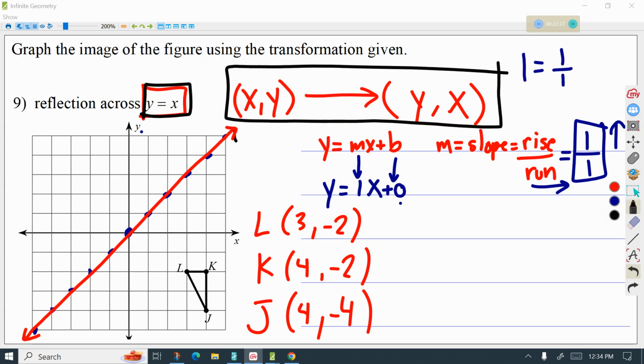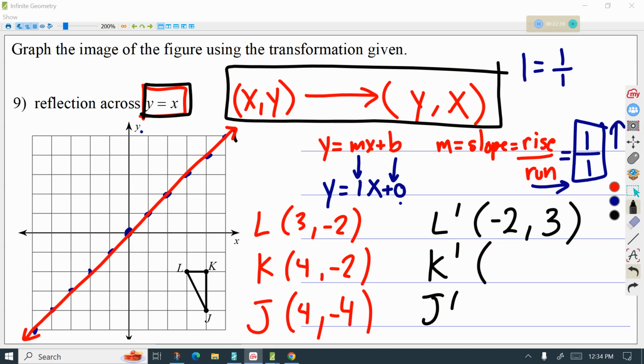This says all I do is change the order of my x and y. We don't have to change the sign at all. We just switch the order. So instead of having 3, -2, I have -2, 3. Instead of having 4, -2, I have -2, 4. And instead of having 4, -4, we have -4 and 4.